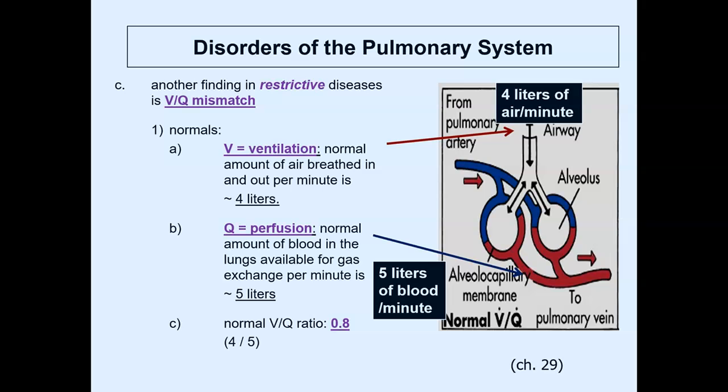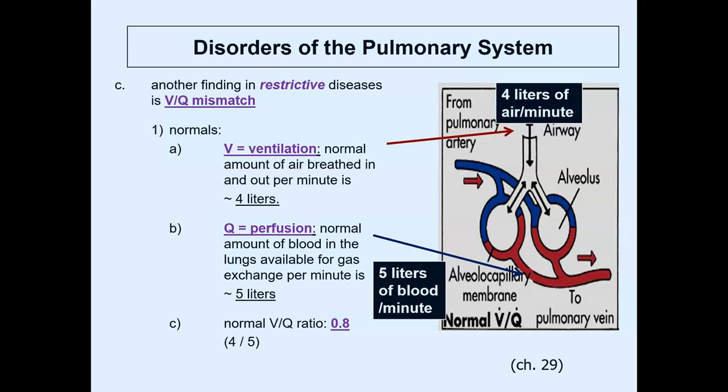Is it a problem bringing in air with ventilation, V, or is it a problem with perfusion? We defined the normal amount of ventilation, in other words, the normal amount of air that should be brought in, as 4 liters. And the normal amount of perfusion is 5 liters per minute.